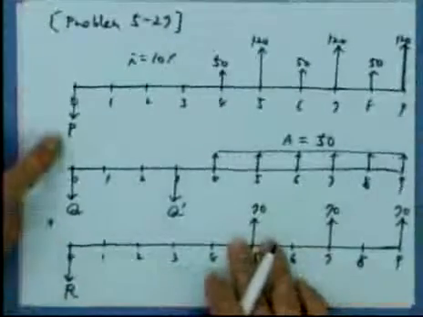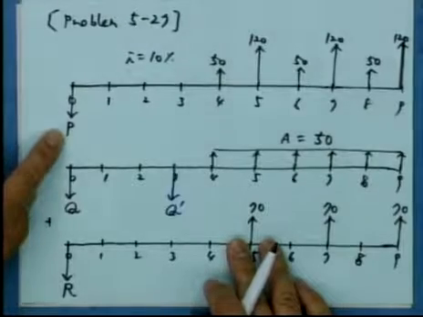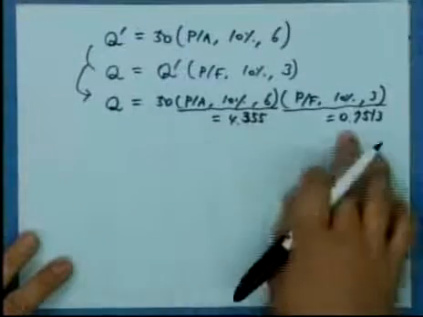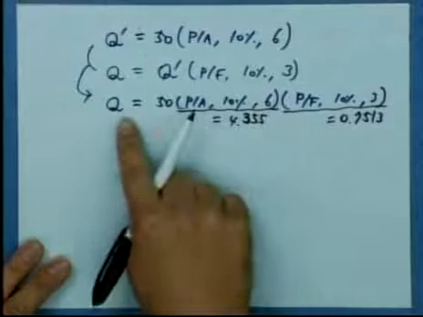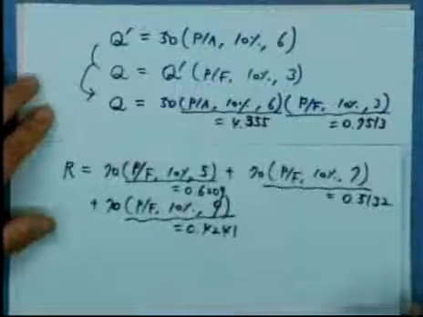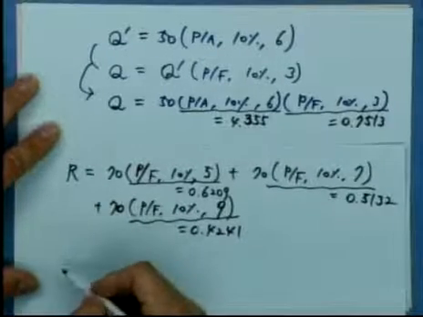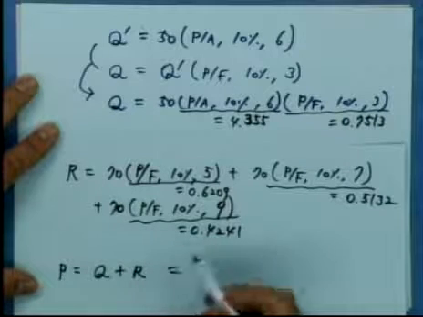So here, the present value of P is the summation of Q and R, right? And from this equation, we can get the value of Q. And from this, you can get the value of R. So P equals Q plus R. So how much is that?